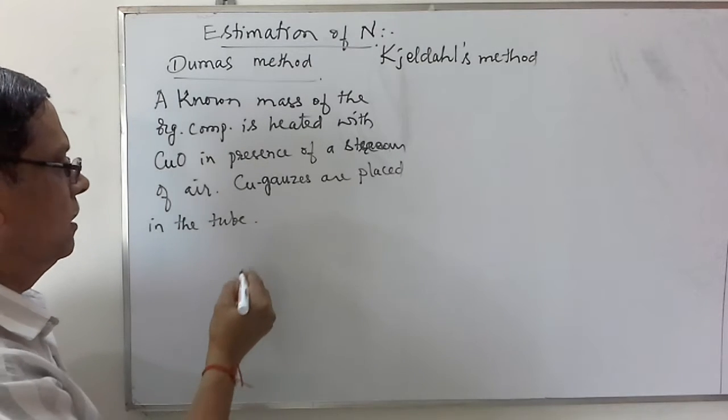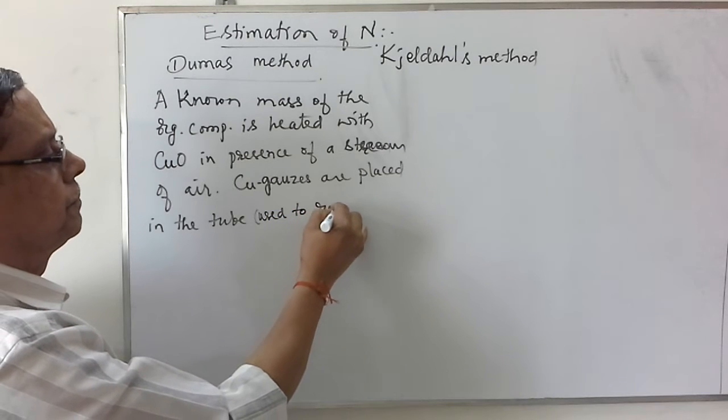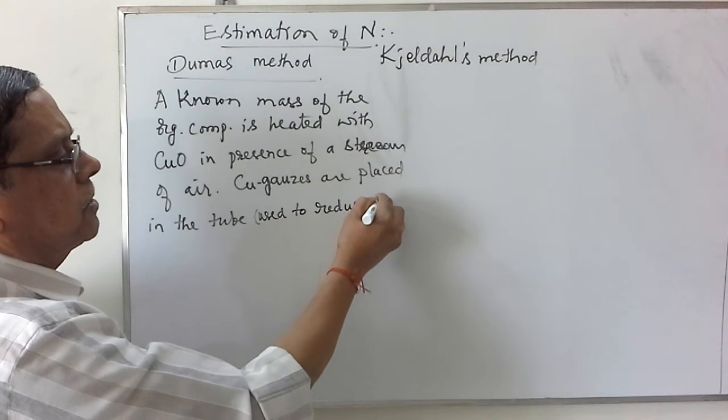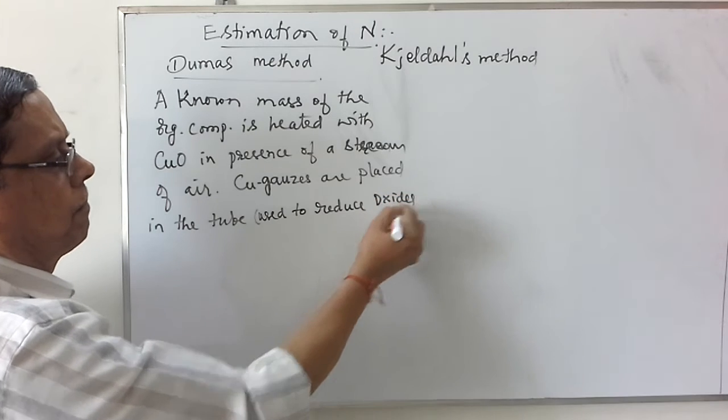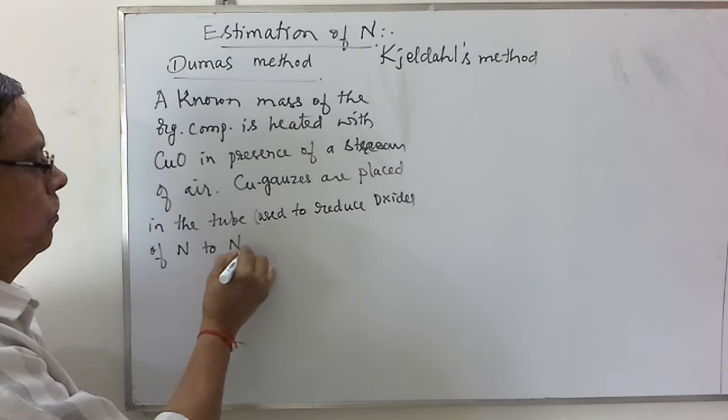I will write the reaction. Copper gauze is used to reduce oxides of nitrogen to N2.